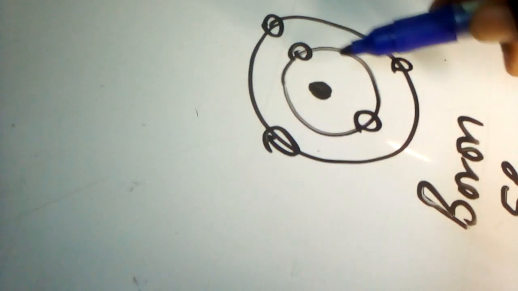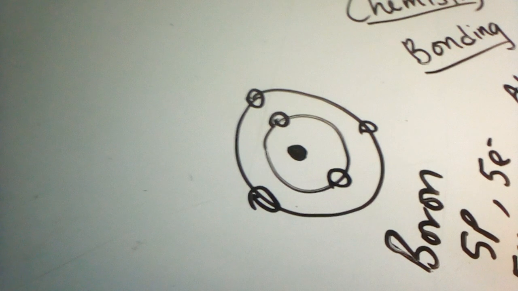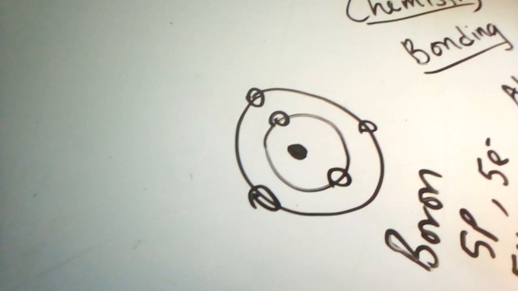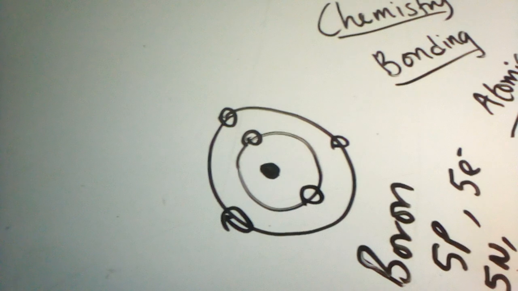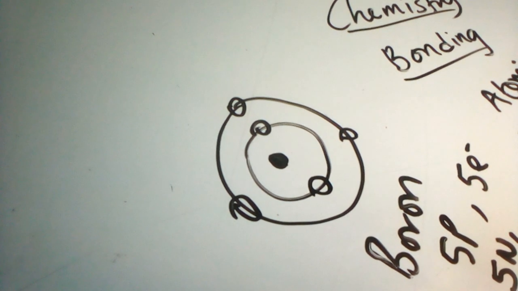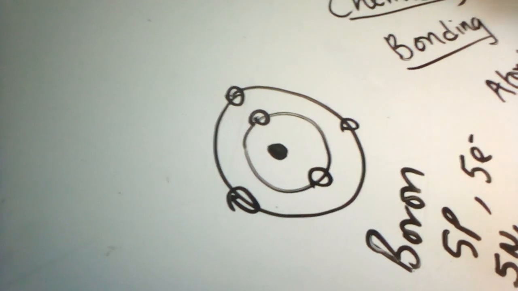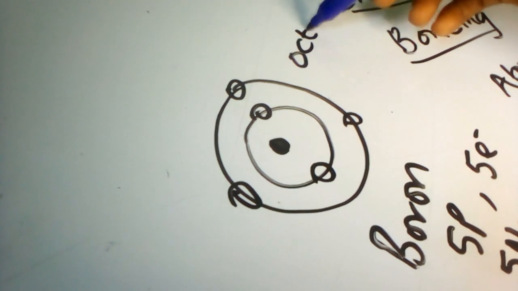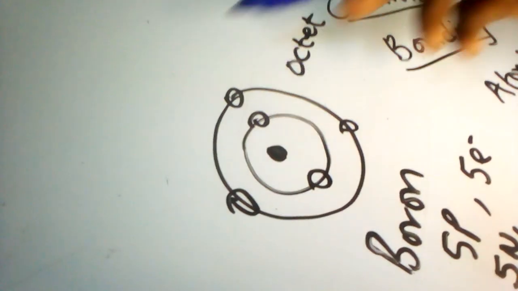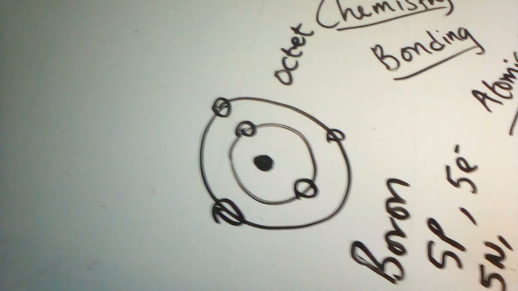If this particular atom wants to complete its shell, it has to go for a bonding process, that is, combining with atoms different from boron in order to make up the octet configuration. Octet means 8 configuration. Octet configuration is common to every other shell apart from the first shell, which takes 2, which is duplet configuration.